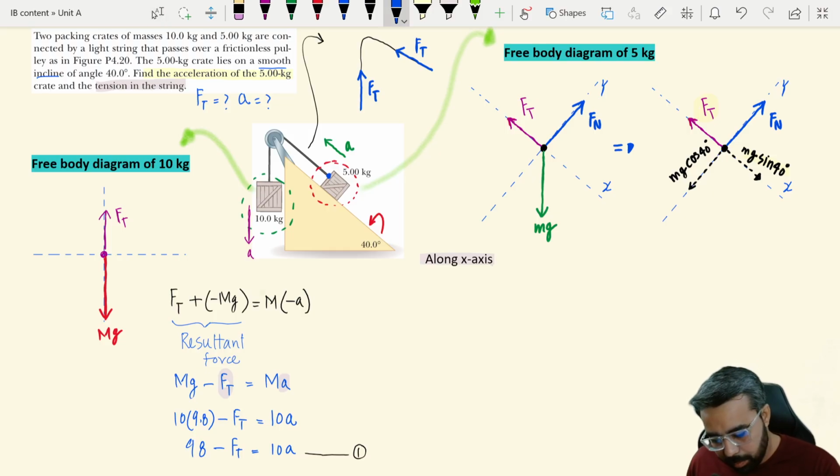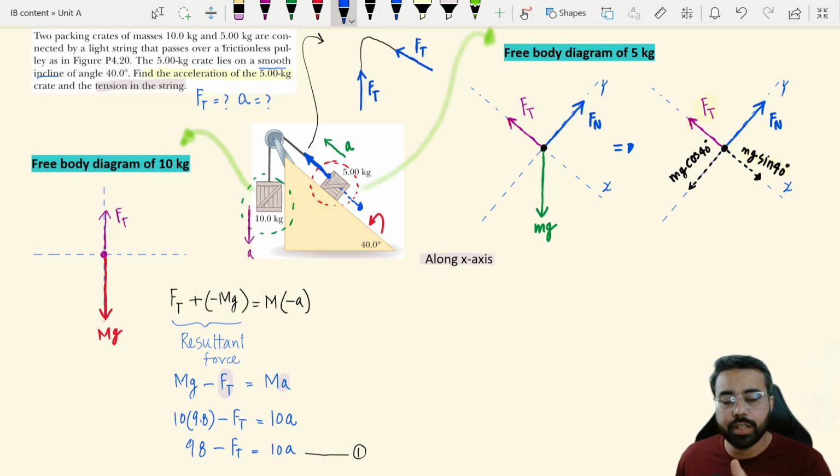So students, what do I mean? The force of tension on this 5 kg is bigger than mg sin 40, which means this is the resultant or net force for the 5 kg. So what is the resultant?